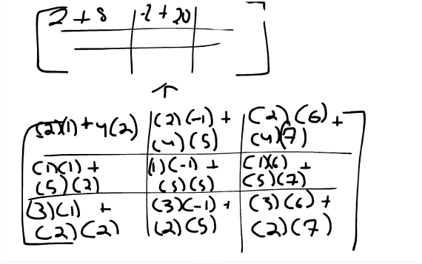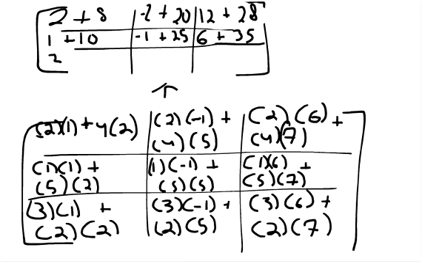Then 1 plus 10, negative 1 plus 25, 6 plus 35, 3 plus 4, negative 3 plus 10, and then 18 plus 14.